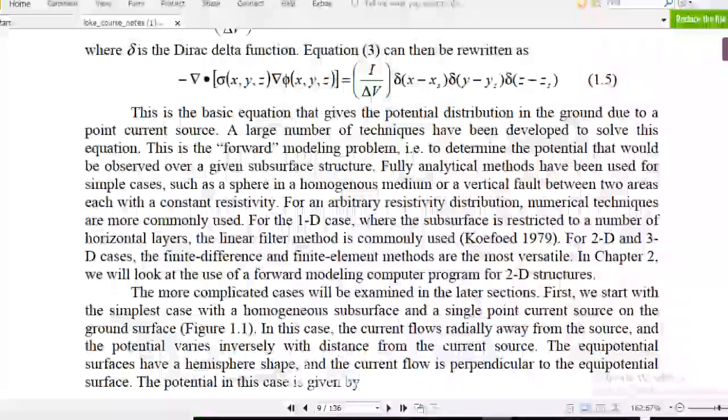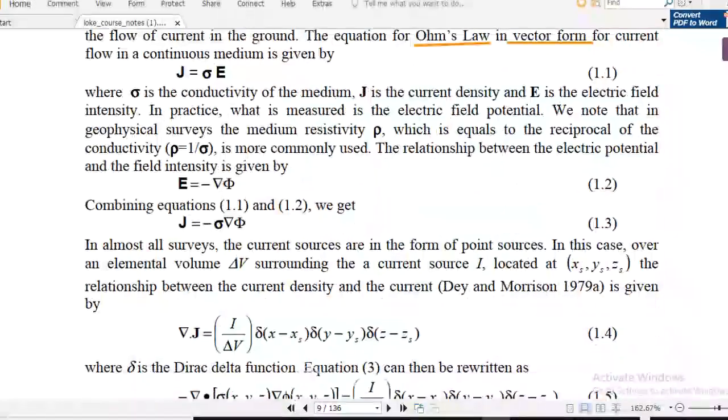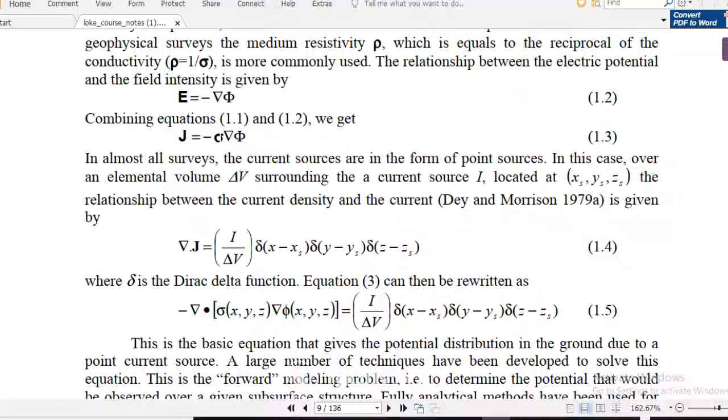This is a basic equation that gives the potential distribution in the ground due to the point source. This is the basic one because we substitute this value in J. It seems complex, but we know J is equal to negative conductivity times grad of phi.